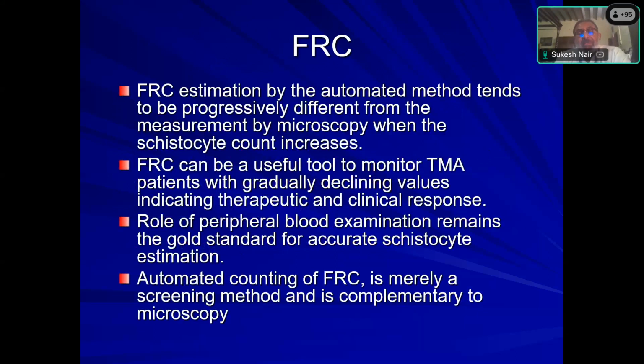The only thing is, when you look for schistocytes, you should realize that some of the schistocytes change shape over a period of time. They can become microspherocytes also. So automated counting of FRC is merely a screening method and is complementary to microscopy. Therefore, you can't go by FRC alone; you have to do a manual count.